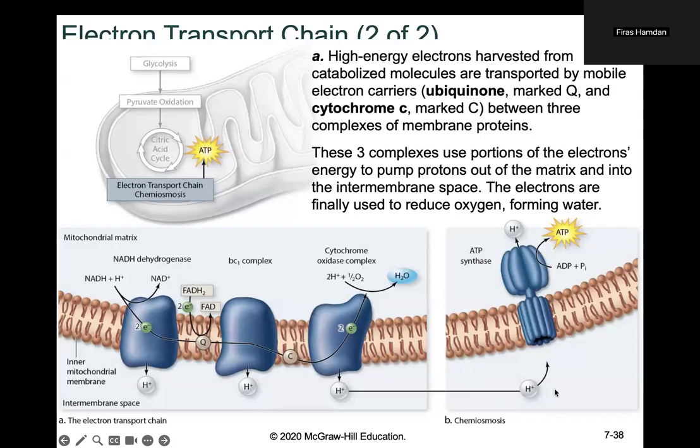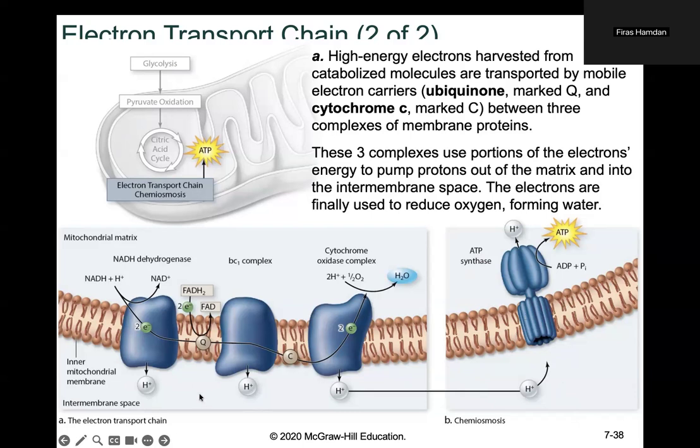So now these can go inside via passive diffusion. But these are hydrogen ions, and ions do not like to go in the middle of lipid membranes. They don't want to do that.